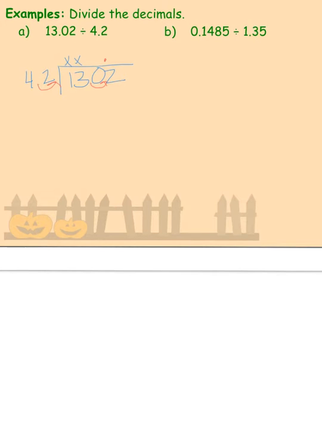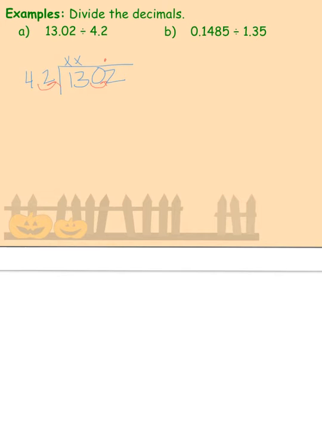So you might have to do some work on the side here to figure out what works. So let's see here. I'm going to use some of my estimation skills. I'm going to think, okay, 42 is close to 40. So I'm going to think 40, 80, 120. That's close to 130. Let's see what 42 times 3 is.